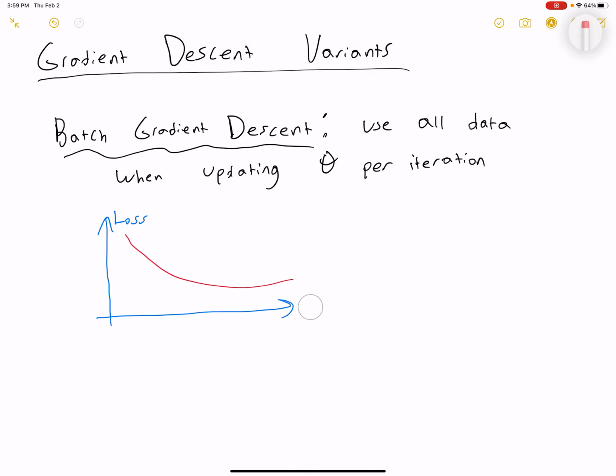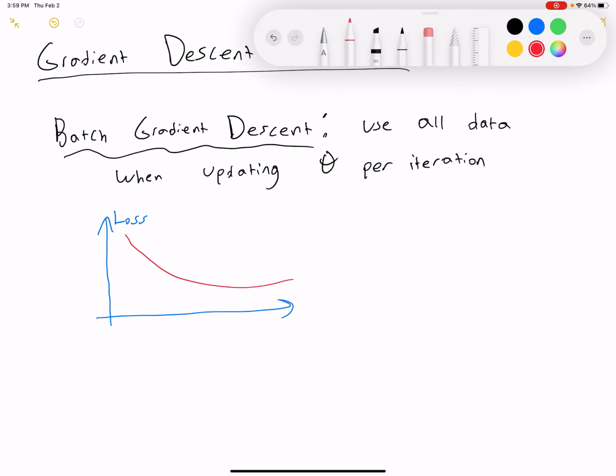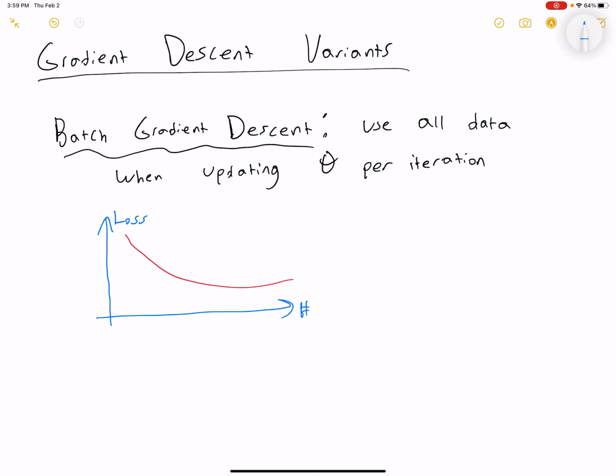This is not theta, this is the number of iterations of gradient descent. As you run more iterations, your loss goes down, and it's pretty smooth if you look at the entire data set at the same time.